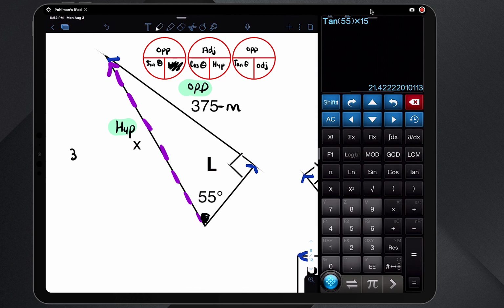I have then 375, the opposite side, divided by sine of 55 degrees. So 375 divided by sine 55 equals 457.8. We'll leave it at that.